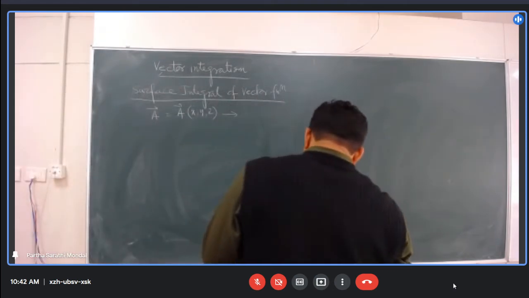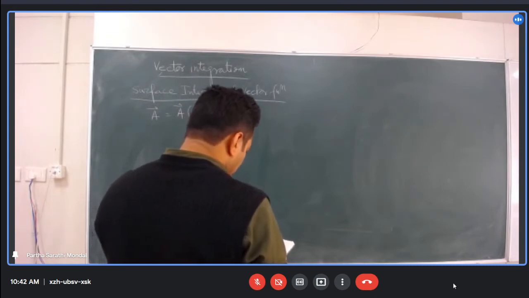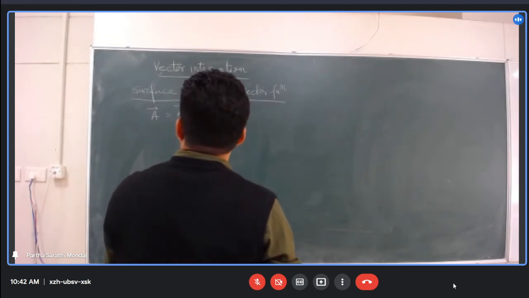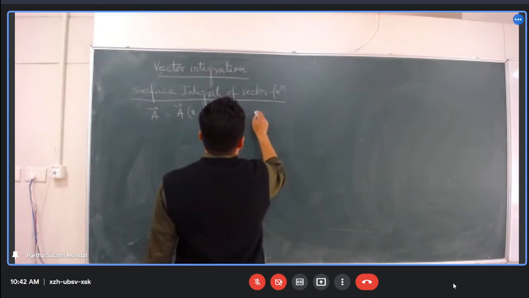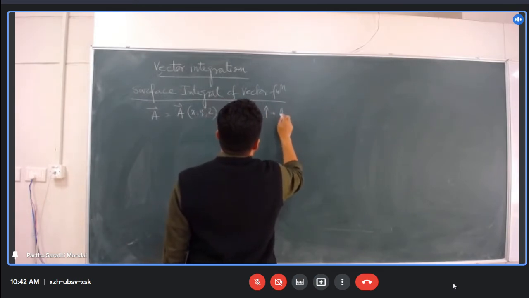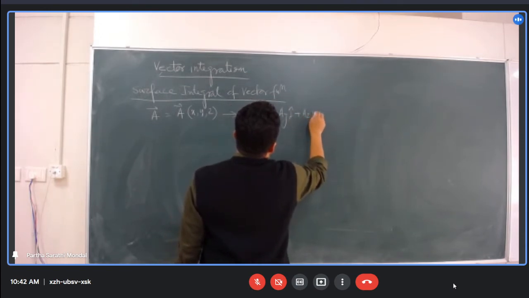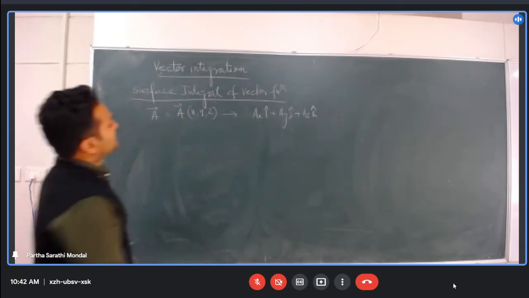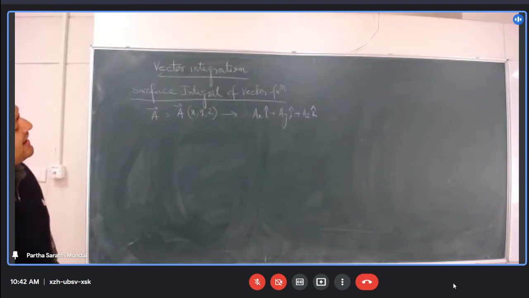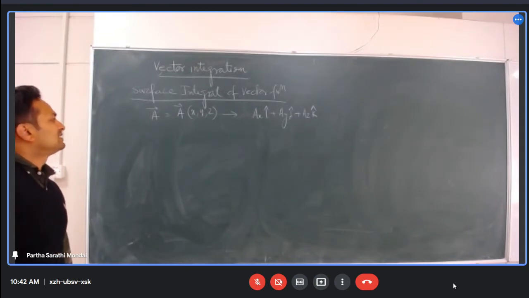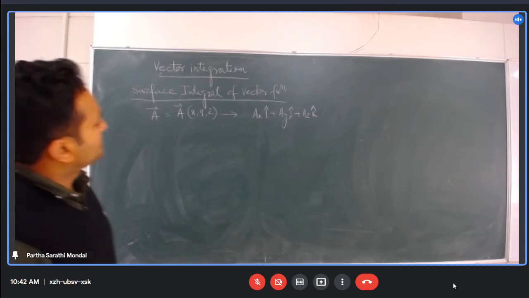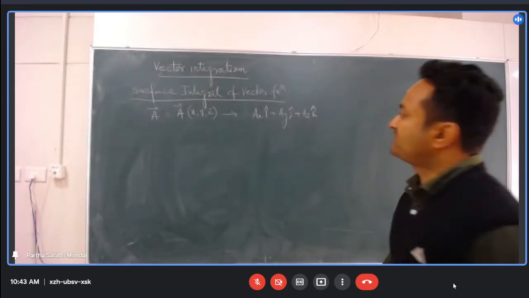And we can write this one as Ax i cap, Ay j cap, and Az k cap. That means Ax, Ay, Az, the three components in this vector are actually functions of x, y, z all.